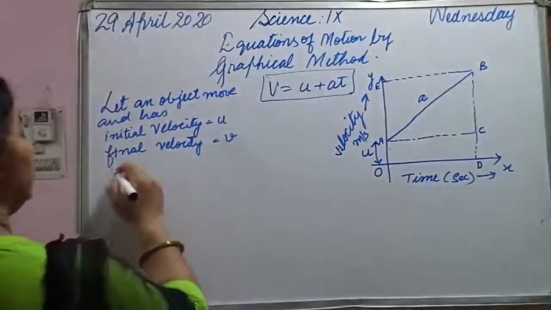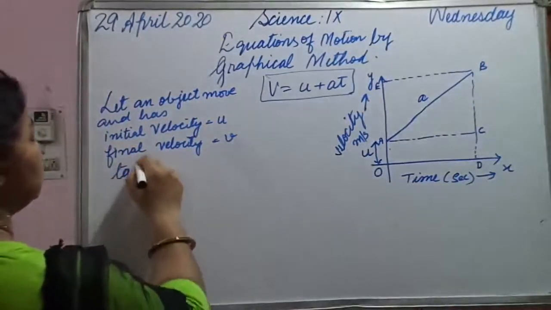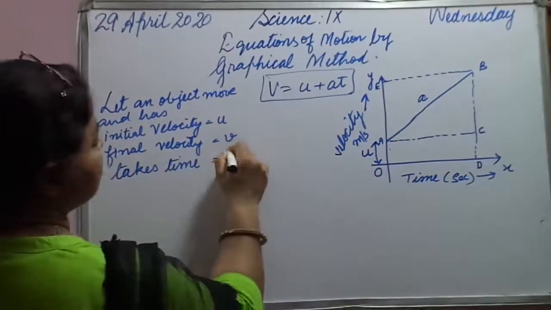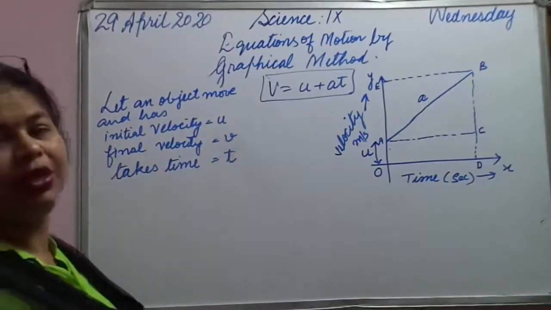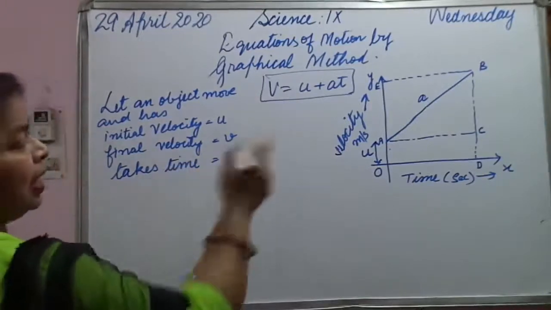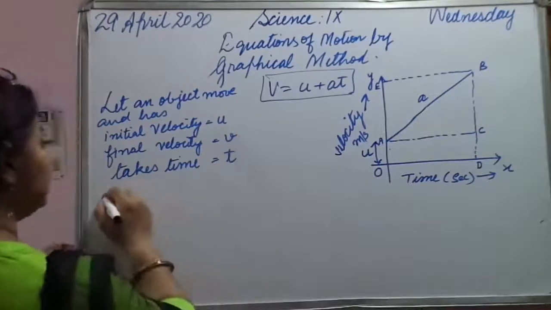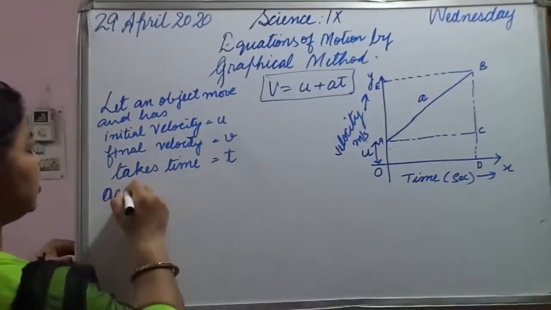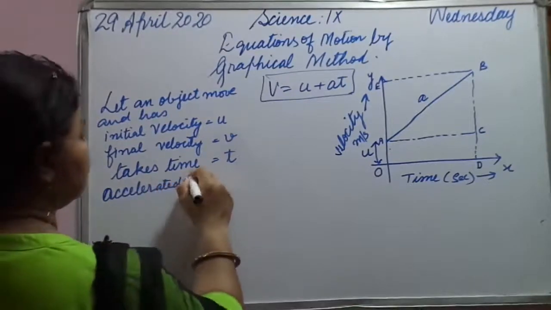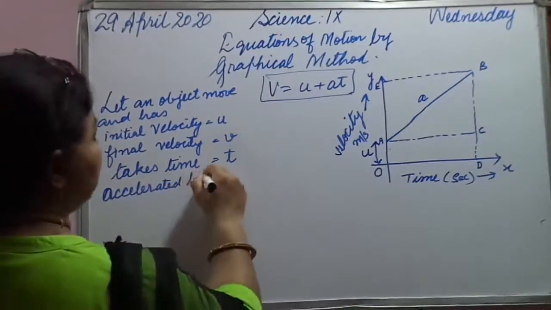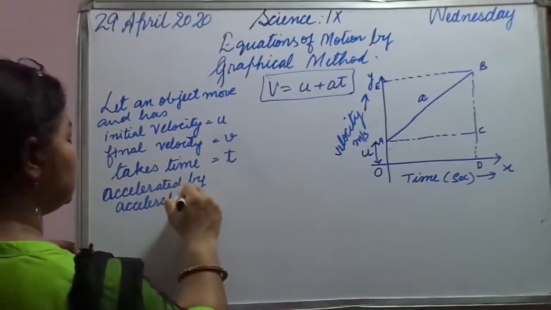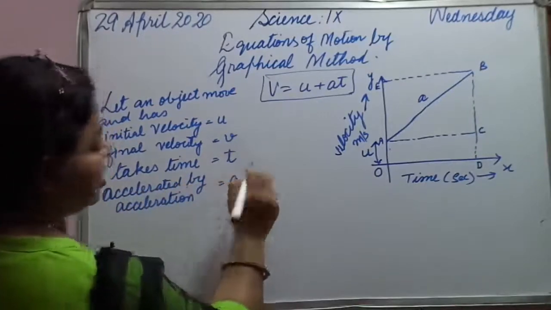Okay, takes time is equal to t. What does it take? It takes time t. Now, anything else that we need to write? Is accelerated by acceleration, that is a.